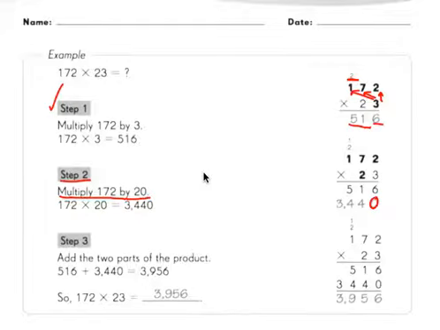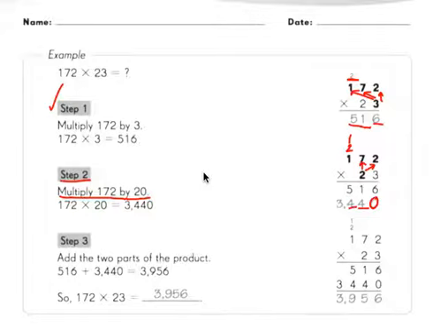So 2 times 2 is 4. 2 times 7 is 14, but we can't fit both numbers underneath. So we put the 4 here, and since we already have a 2 up here from step 1, we put the 1 above it.